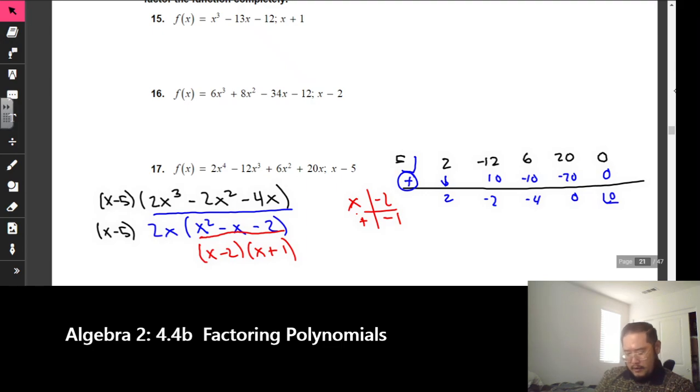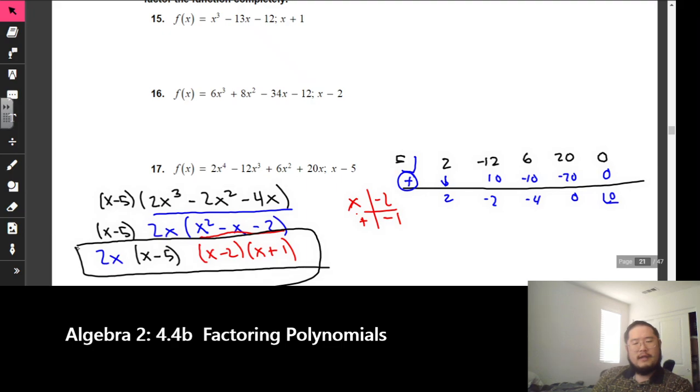And then we go ahead and rewrite everything else. We want to put that single term out in front, the 2x. And then let's write next to it, right up next to it, the x minus 5. And there is our answer, and we have factored completely. Hopefully, after this, you'll become a factoring genius, and the rest of this chapter will go easy. All right, finally, we are done with 4.4.